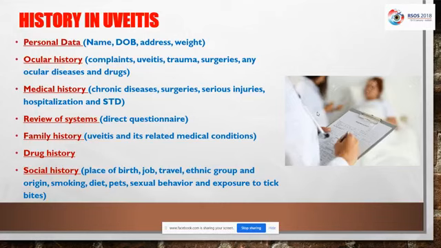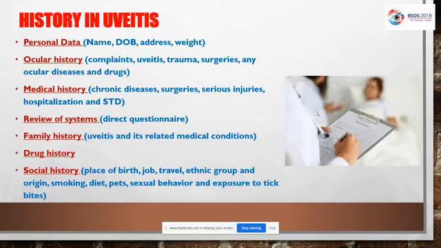The smoking, which can be a risk factor for developing recurrences in specific types of uveitis like HLA-B27 associated uveitis. The diet, if there is any nutritional deficiency, the keeping of pets like cats and dogs, with Toxocara prevalence in those patients exposed to dogs, for example, and toxoplasmosis in patients exposed to cats.